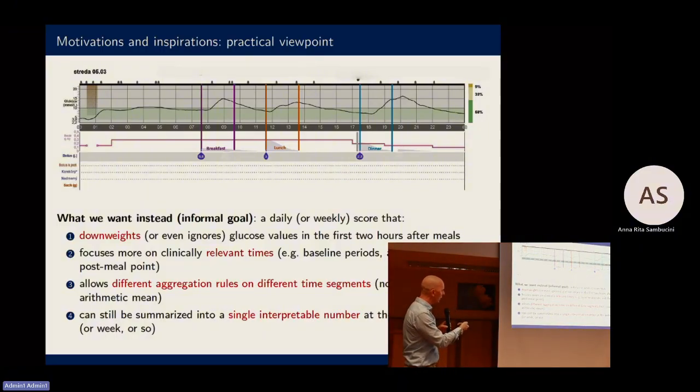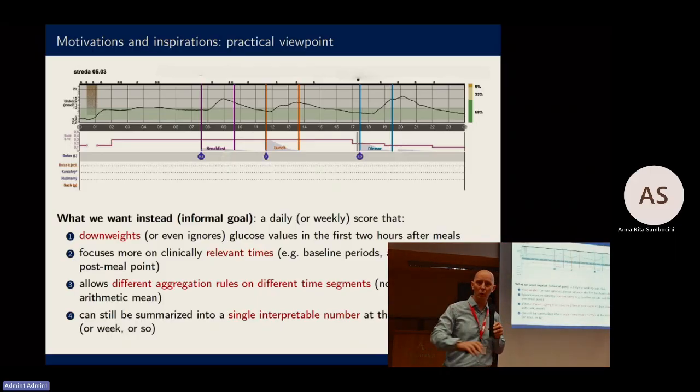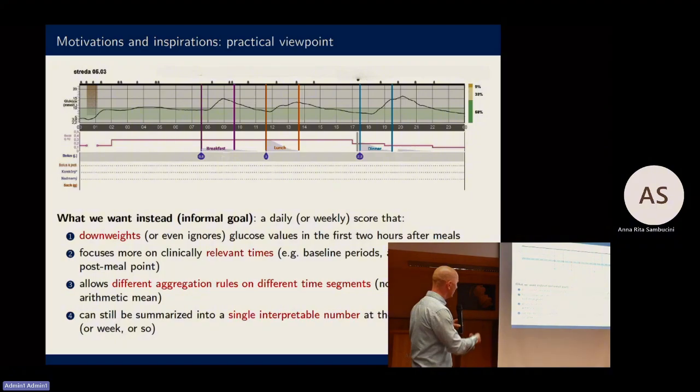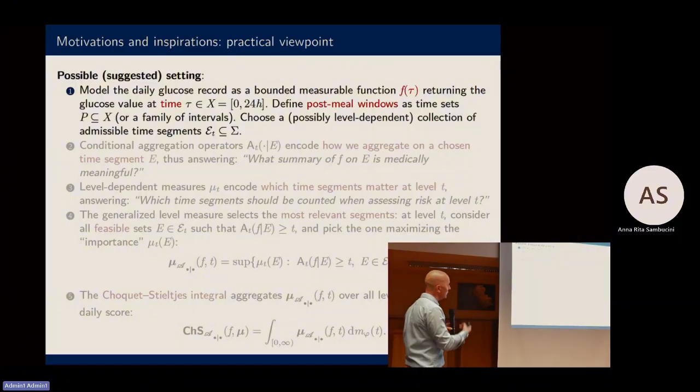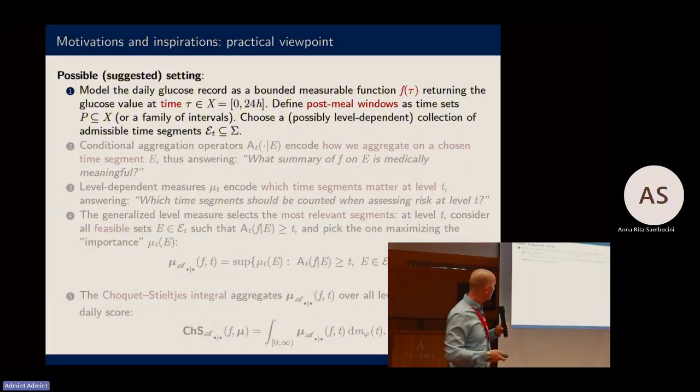We would like to allow different aggregation rules on different time segments, not the arithmetic mean for the whole data. And the result should be summarized into a single interpretable number somehow. And our suggested setting is as follows.